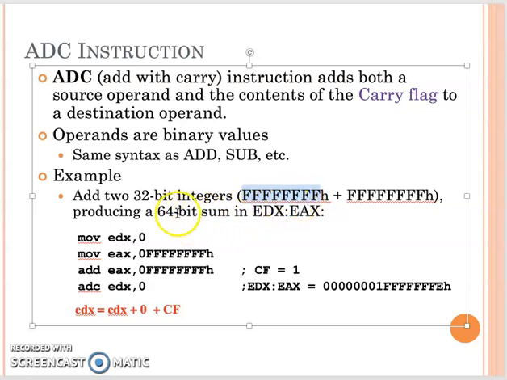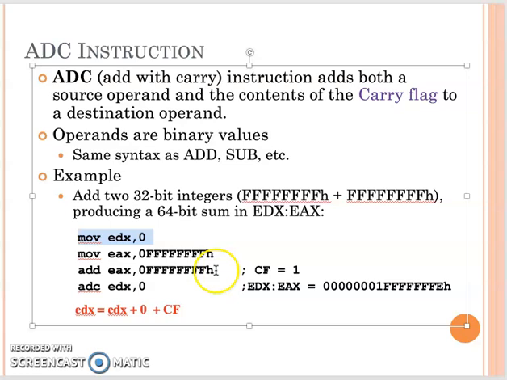We want to use EAX for the original lower 32 bits, and if there is more value, we save it in the upper 32 bits, EDX. When we do that, of course, the first thing we need to do is clear EDX. Then we have EAX equal to the value, and then we add the second value.